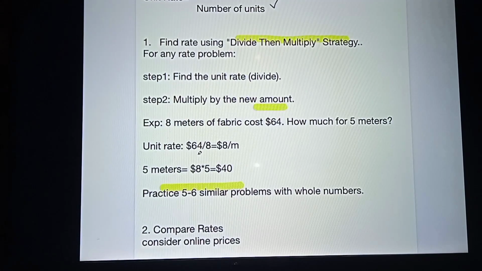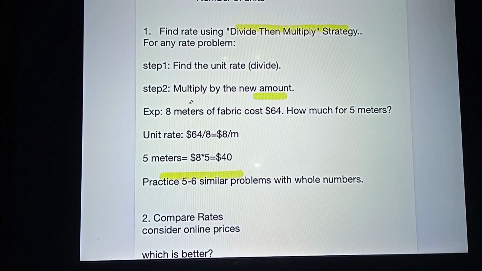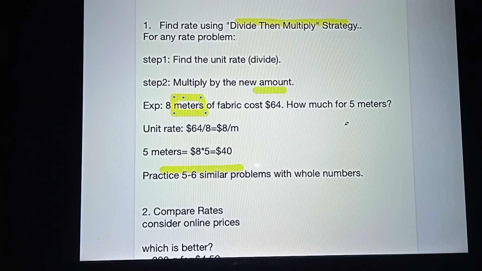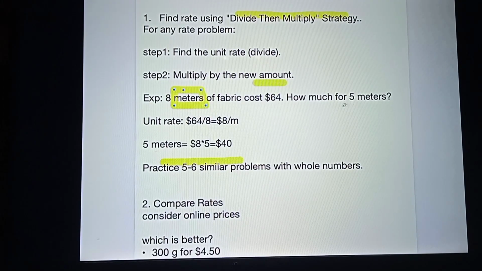For example, 8 meters of fabric cost $64. This is the quantity of the fabric. So we need to find how much for 5 meters. So first solve this portion and then multiply with this.